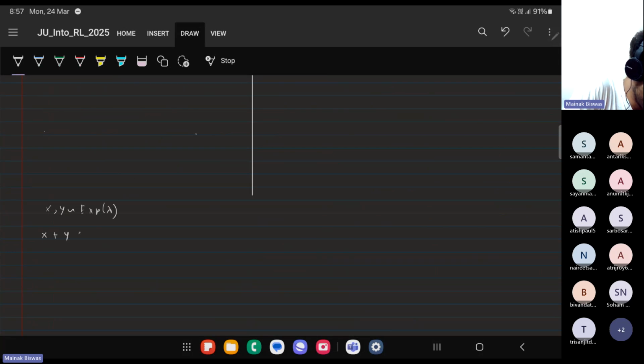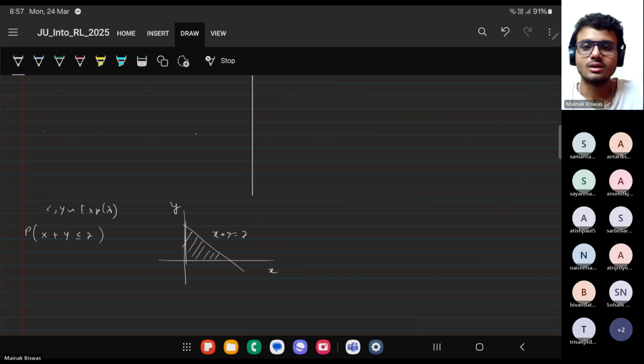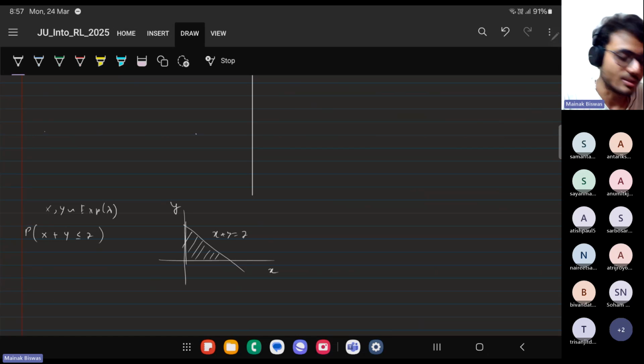So x and y are exponential lambda random variables, and I'm asking you to find the probability that x plus y is less than z, right? This is the x plus y equals z line, and this is the area, or the integral, that I need to calculate.